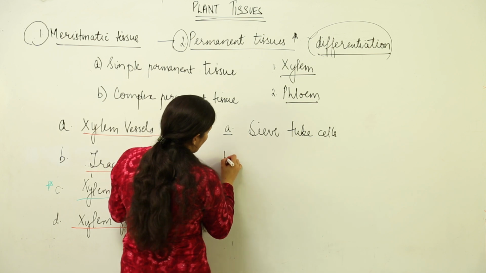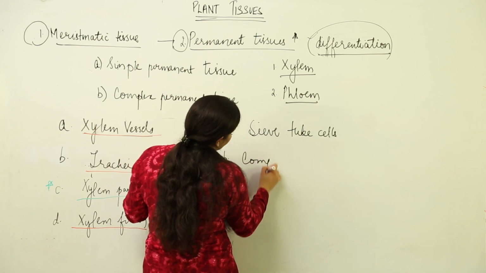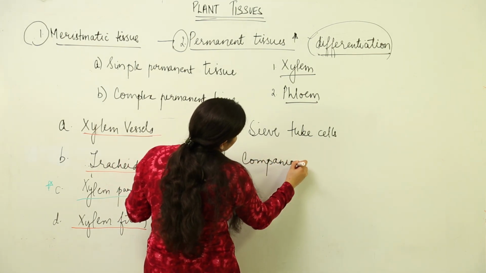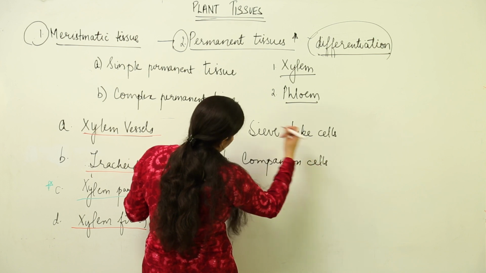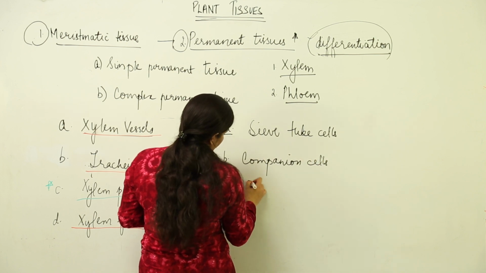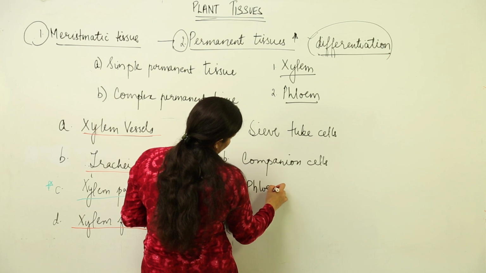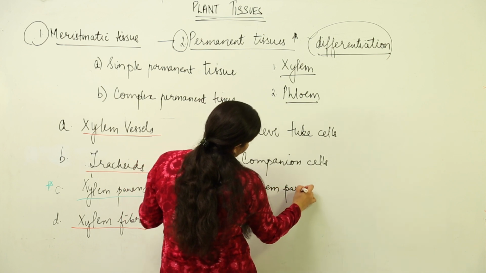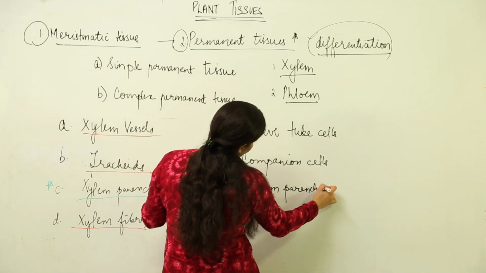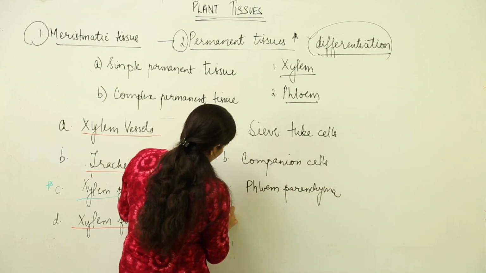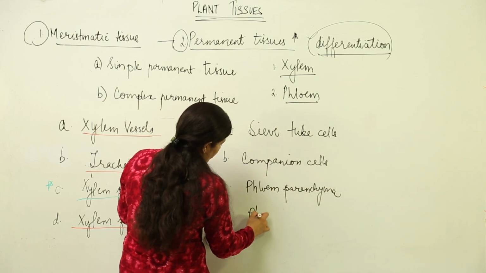The second one is companion cells. Third one is phloem parenchyma. And the fourth one is phloem fibers.